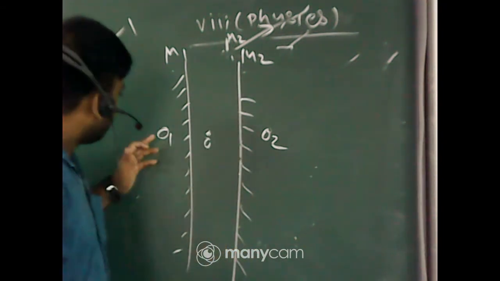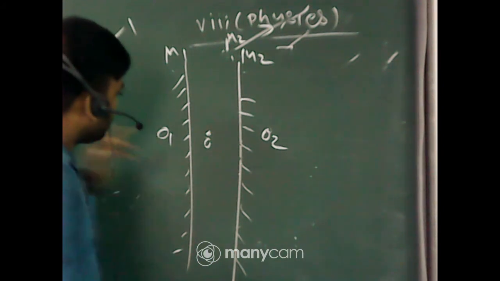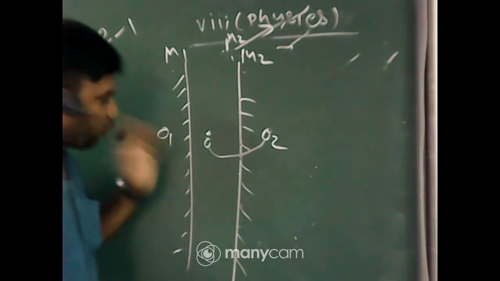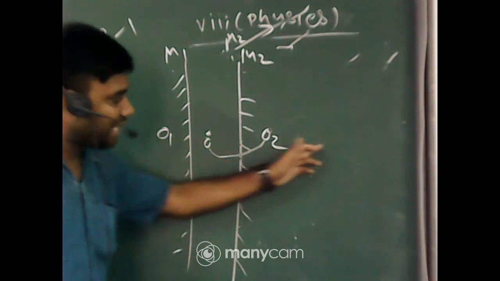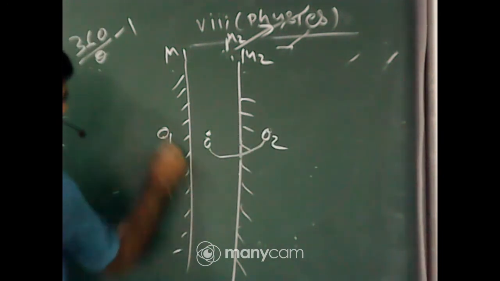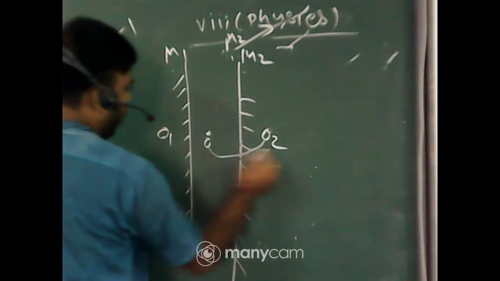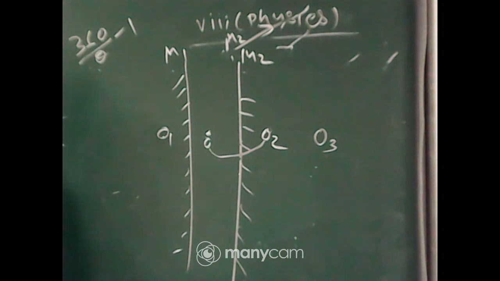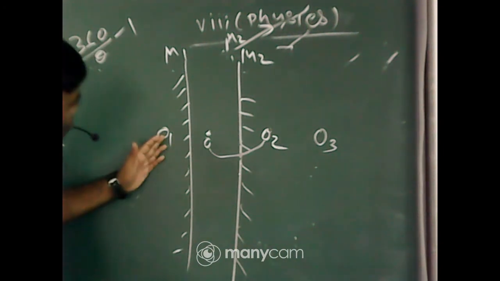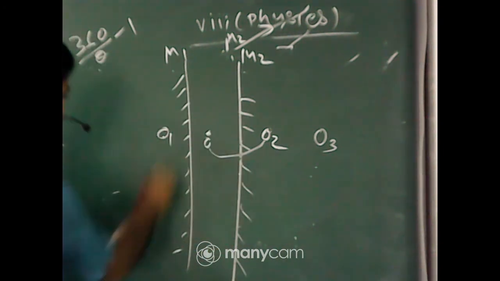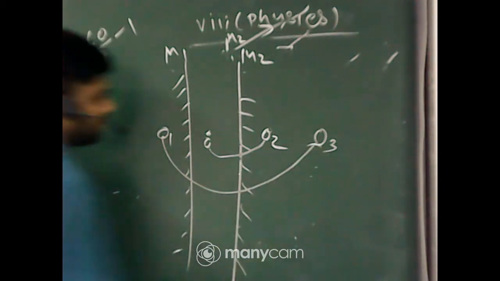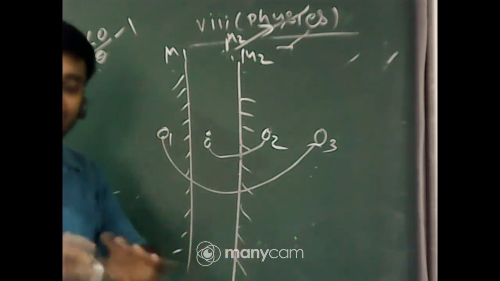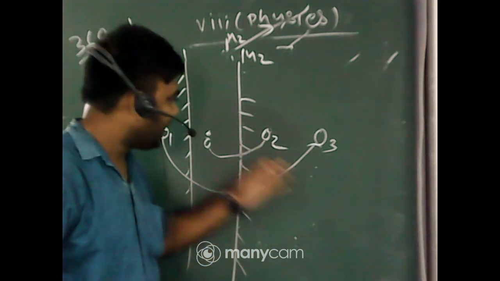O2 is the image of O. And O1 will form another image at M2, that is O3. Because O1 is in front of M2, it forms an image O3. O3 is the image of O1. O1, O, all are the same; I am giving these names just for counting.